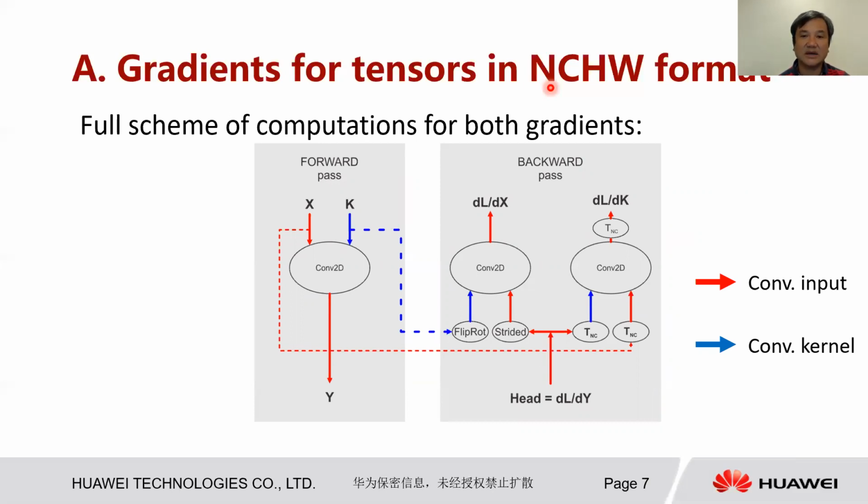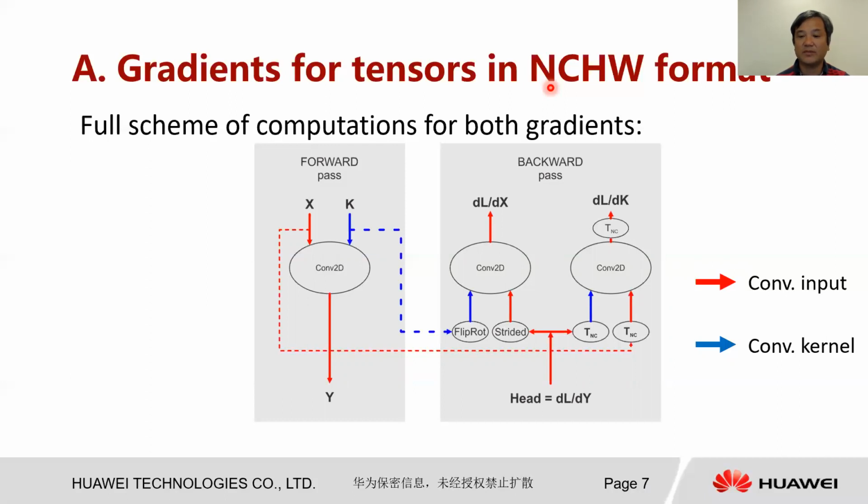We can see that in the backward pass, in order to reuse a convolution operator, the gradient with regard to x needs 2 data converters, the flip-rotation and the stride, and the gradient with regard to k requires 3 TNC data converters. This is for the NCHW format.